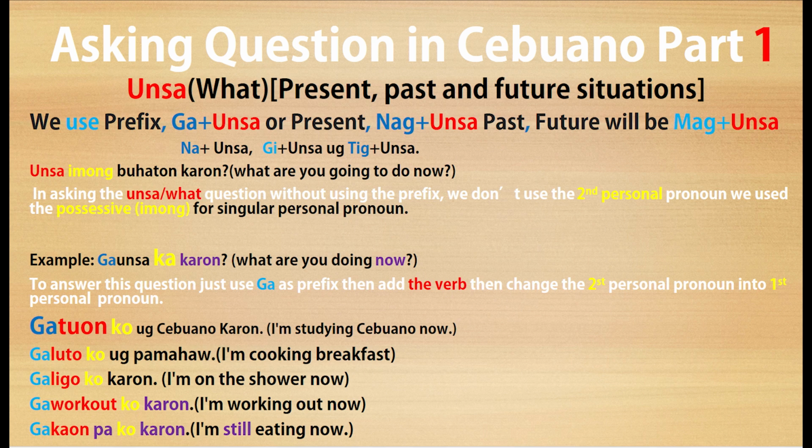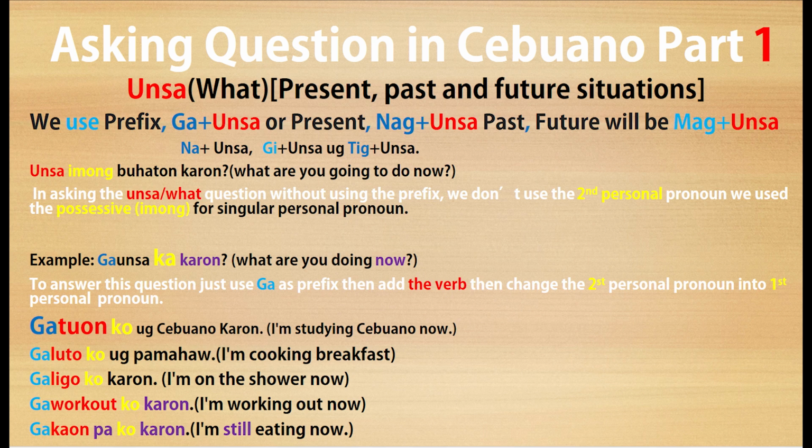So got it? Now our verb is luto. This is what you are doing right now. Galuto ko og pamahaw karon. I'm cooking breakfast now. Galigo ko karon. I'm in the shower now. Gaworkout ko karon. I'm working out right now. Gakaon pa ko karon.